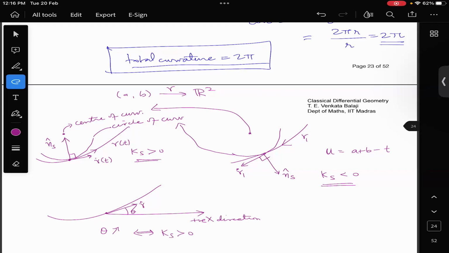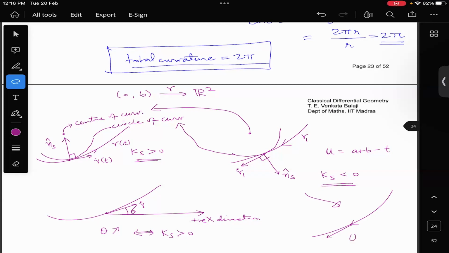And if you look at this situation, as you go like this, your tangent direction is like this, and as you keep moving, do you see that theta is increasing in the negative? It is taking increasingly negative values. So essentially it is decreasing.